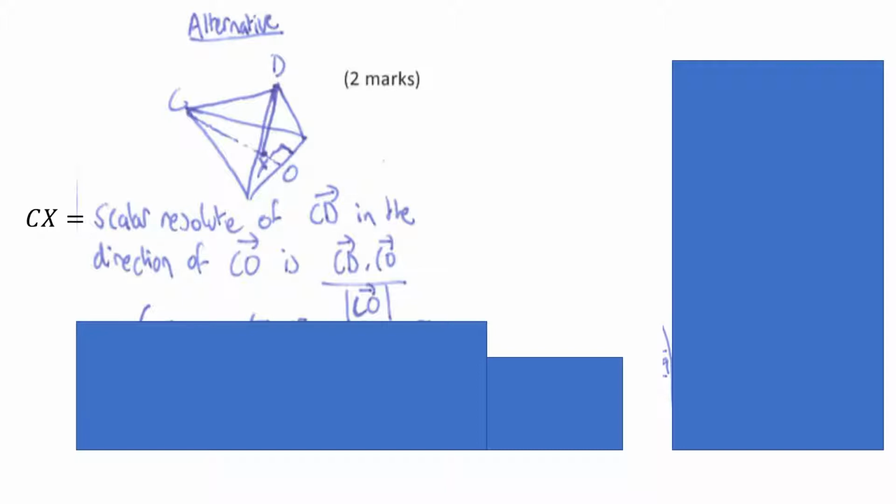So CX, so if X is a point directly below D on the face ABC, I could think of the distance from the vertex C to X along the face ABC to be the scalar resolute of CD in the direction of CO. So I can just perform a quick calculation through the rule.